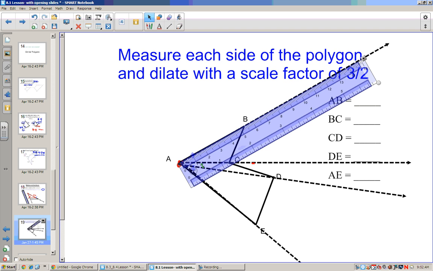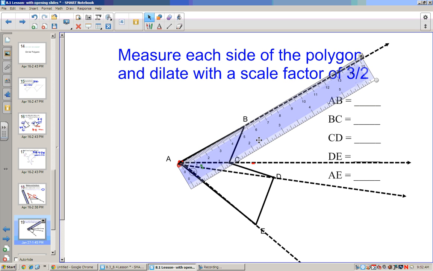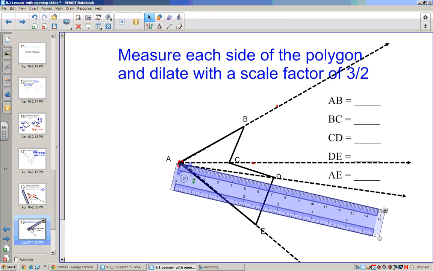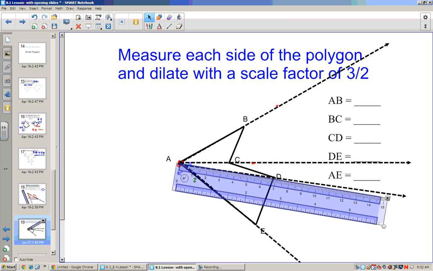That's close enough. So this is 5.4. So I'm going to take 5.4 times 1.5, and I get 8.1. So I'm going to go to 8.1 and make a dot. And now I'm going to slide this down here and measure out to 6.9 times 1.5.